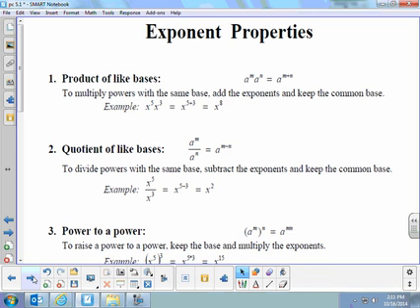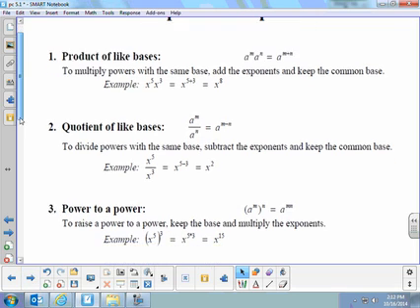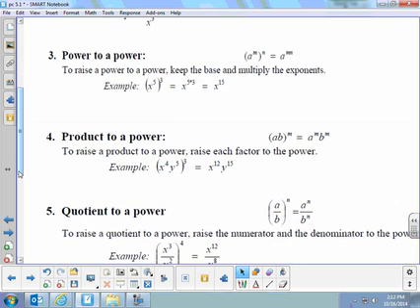All right, here I've got some exponent properties. These are rules that I am going to expect you to have memorized. Product, if you have the same base, add your exponents. Quotient, same base, subtract your exponents. Power of a power, you are going to multiply your exponents.